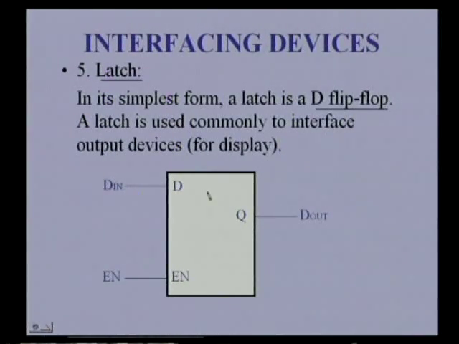From this data pin, data will be entered into this latch, and it will be stored in the latch when this enable pin is activated. That is, when this enable pin goes high, only then can we write data into this D latch.